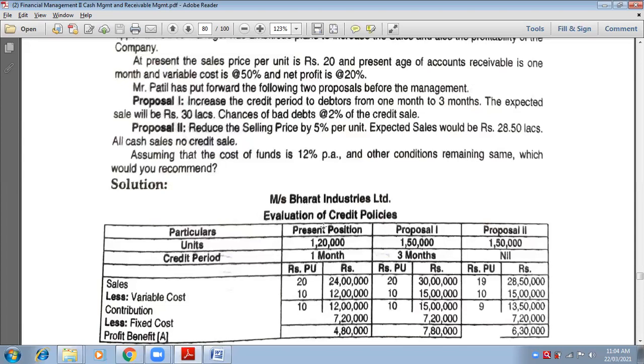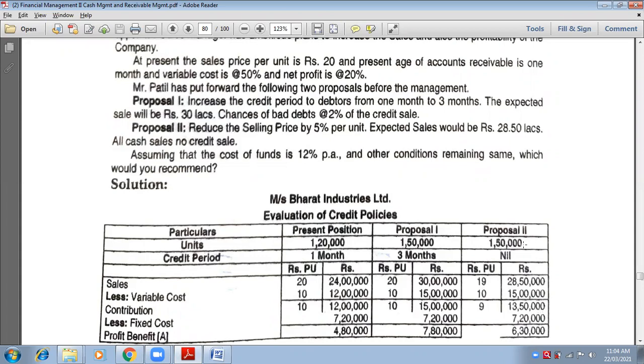12 lakhs divided by 120 is equals to 10 per unit. So second case also 10 per unit, third case also 10 per unit. Now 10 into 1,50,000 will give you variable cost.